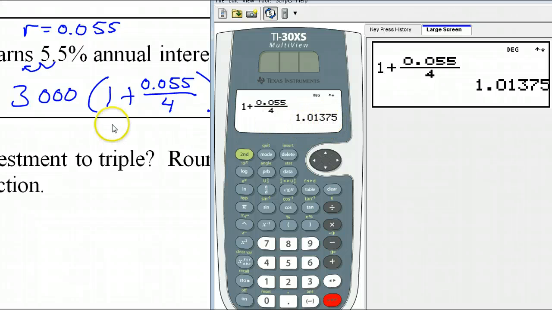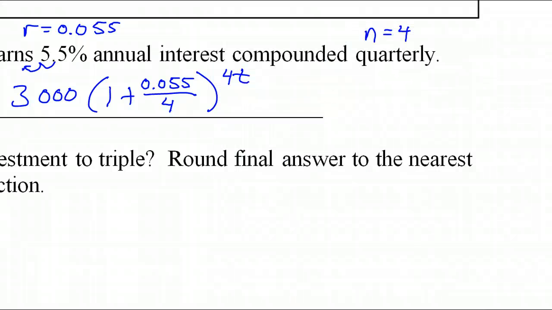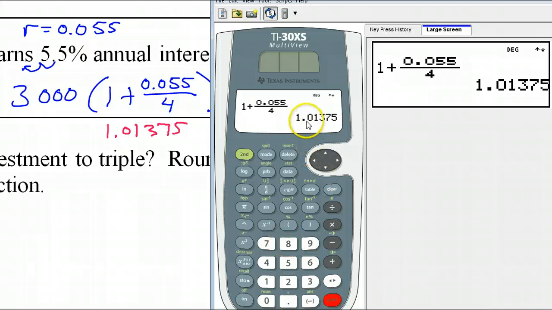It's not too bad. I'm going to write that down. So it's 1.01375. Let me just double check that because of my bad short-term memory. Alright, 1.01375.